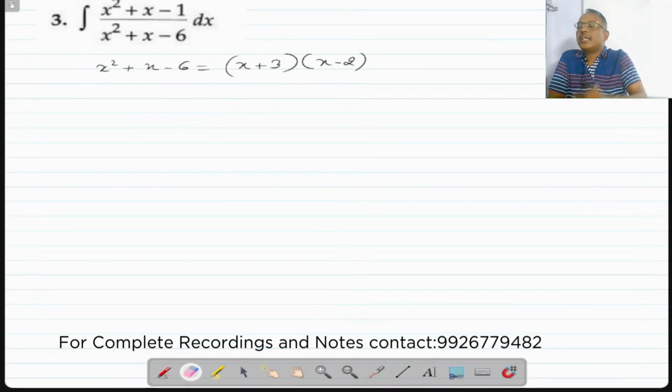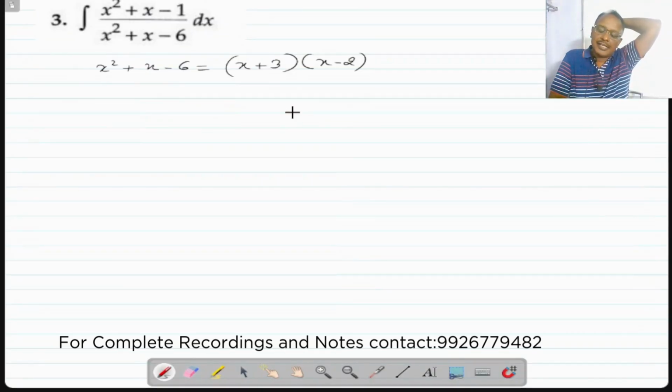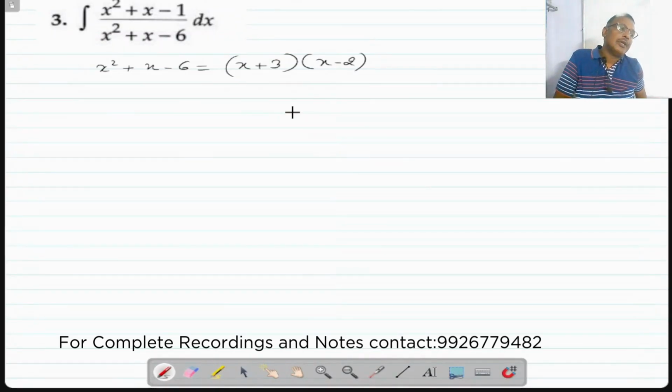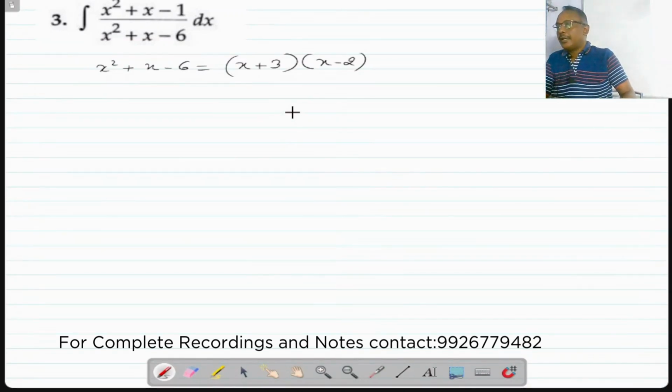But whenever the degree is same, children, now listen carefully. Whenever the degree is same, the rule says what do we need to do? We must divide. Now, just in your mind itself, don't write down, ऊपर वाला x square plus x minus 1 और नीचे वाला x square plus x minus 6.